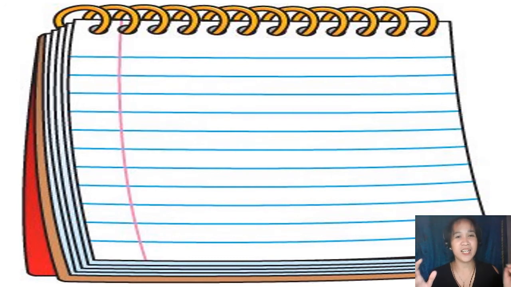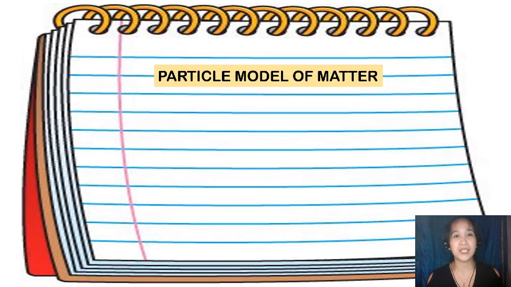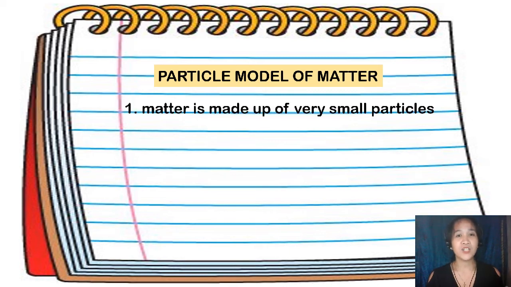Okay, so in our activities from activity number 1 to 6, you have learned the 4 basic aspects of the particle model of matter. Did you still remember those 4 basic aspects? Okay, so these are: number 1, matter is made up of very small particles.